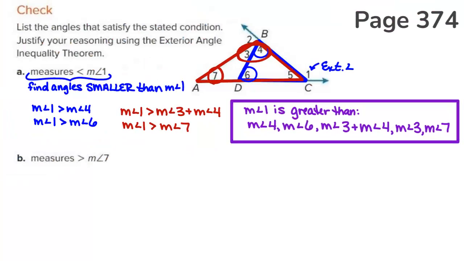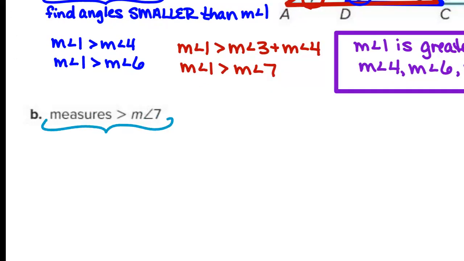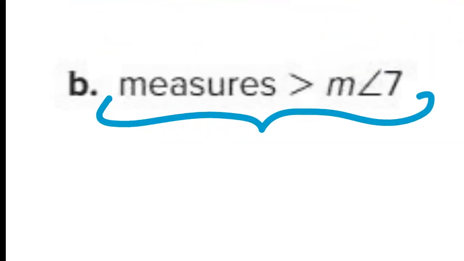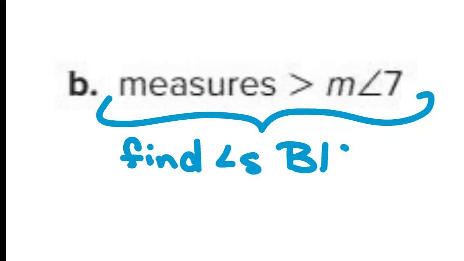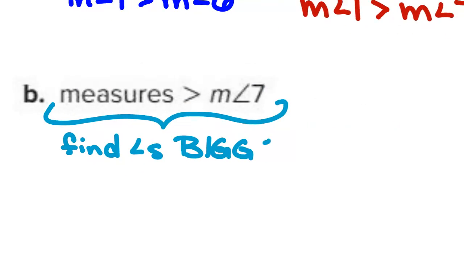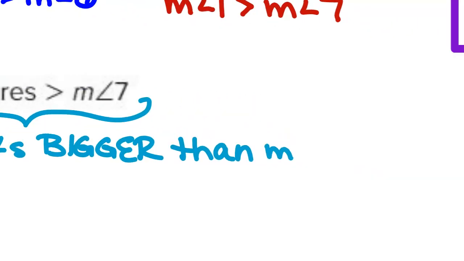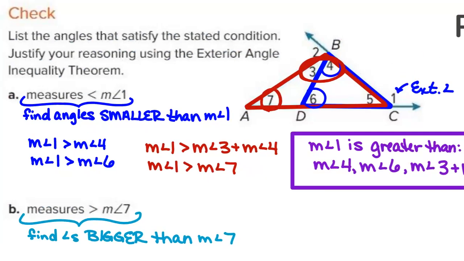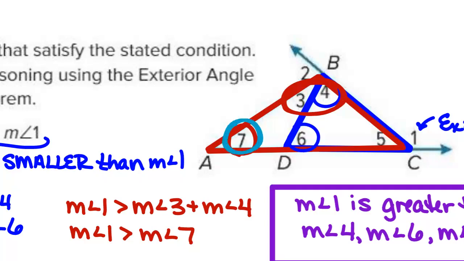All right, last piece. What do they want me to find down here? I want angles that are bigger or smaller than 7? Bigger. Find angles bigger than the measurement of angle 7. Well, angle 7 is right here. It takes exterior angles to be bigger than an interior angle, right?